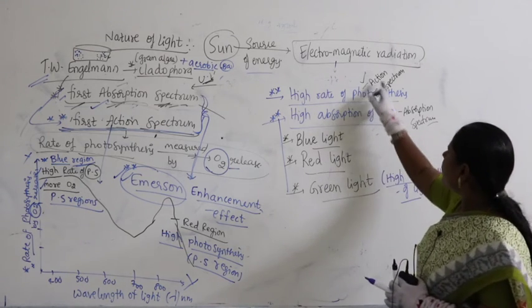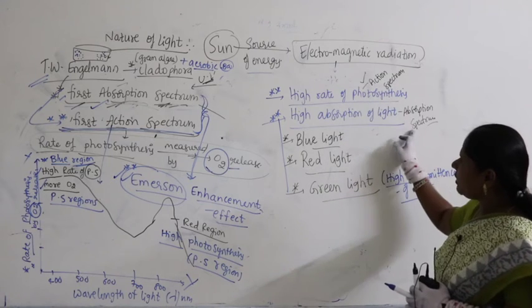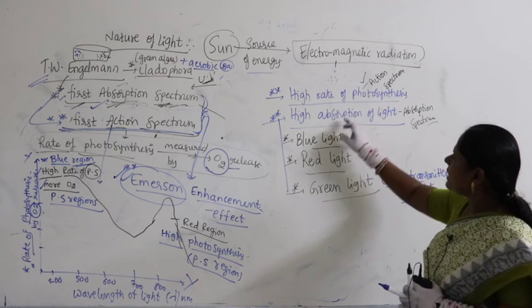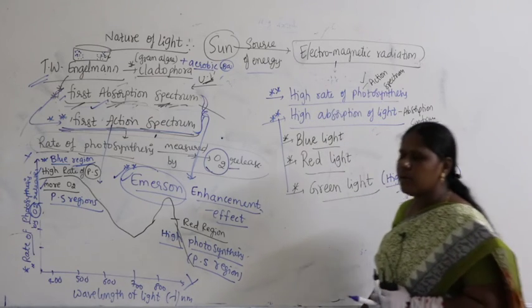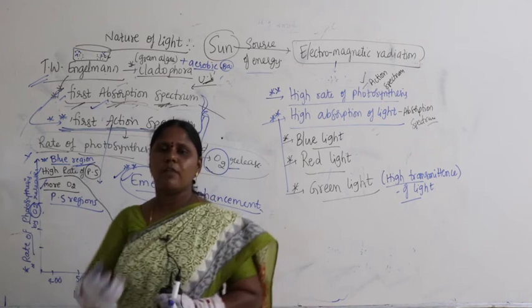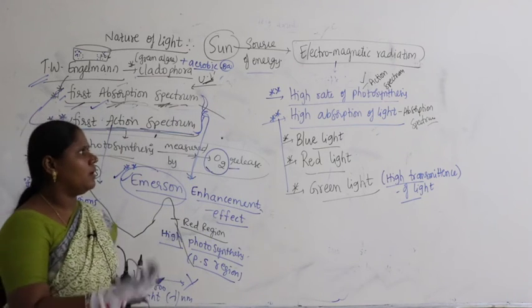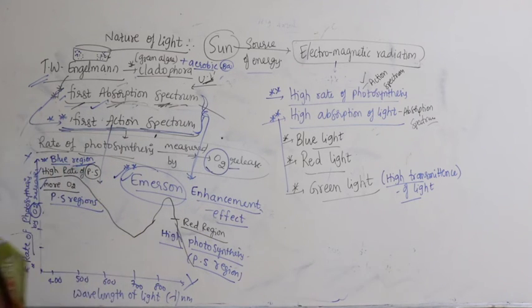Now, let us compare the action spectrum and absorption spectrum, that is, rate of photosynthesis and absorption of light. First we have to say absorption of light, then followed by rate of photosynthesis. Why? Because after absorbing light, only then does photosynthesis take place.